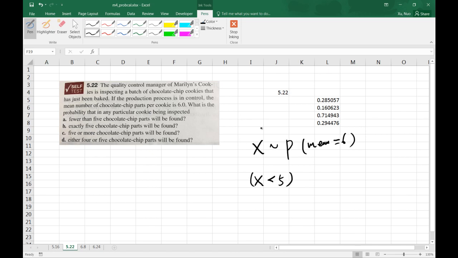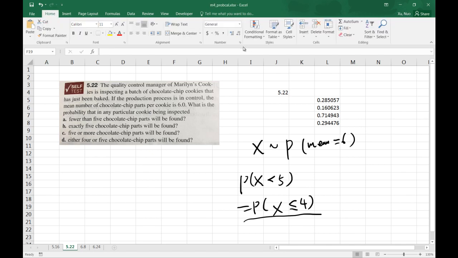And remember, this is a discrete variable, so it can only take on integer values. So the probability of less than 5 is the same as the probability of x being less than or equal to 4. So you should realize that this requires a cumulative probability calculation.